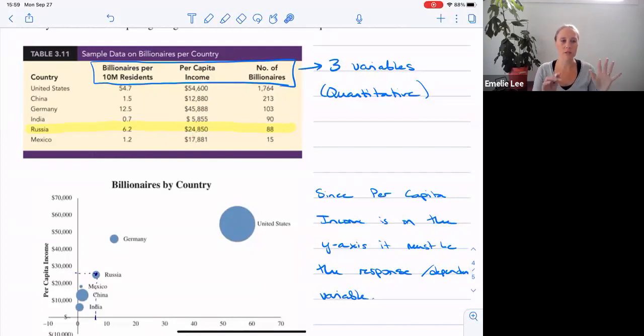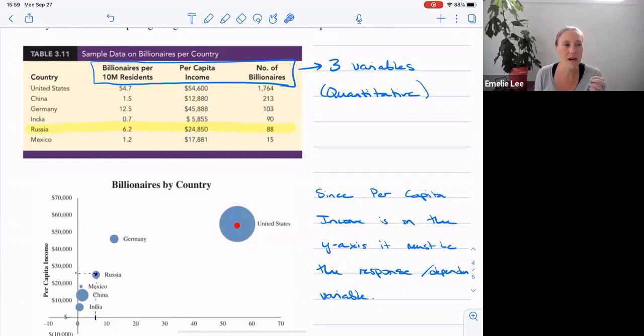So if I just ignore the number of billionaires for just a little bit, then I would just have a regular scatter plot, each with a point of one size at each of these XY coordinates, okay?